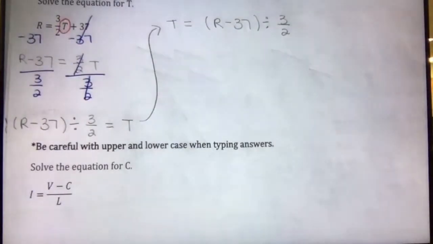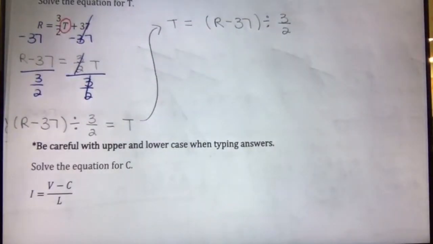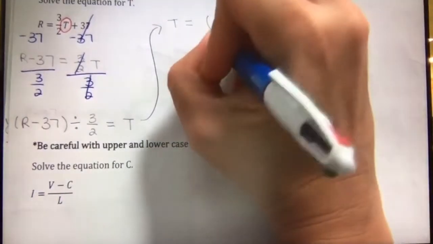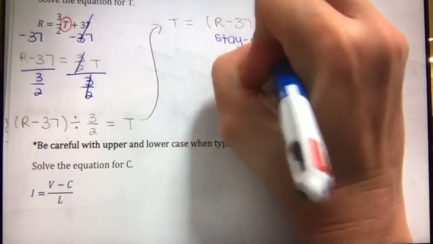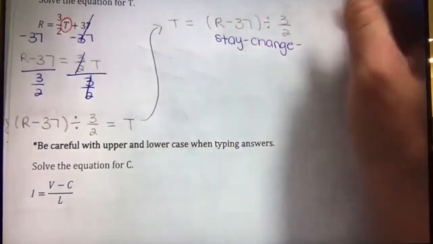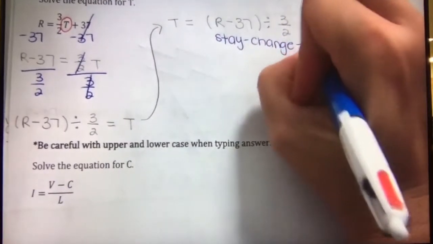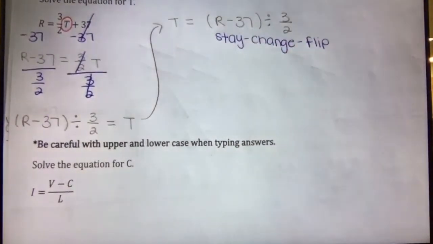So how do we divide fractions? Multiply by the reciprocal. We can do stay, change, flip. The first fraction stays the same. Our operation changes from division to multiplication. And we're multiplying by the reciprocal, so we flip that last fraction.